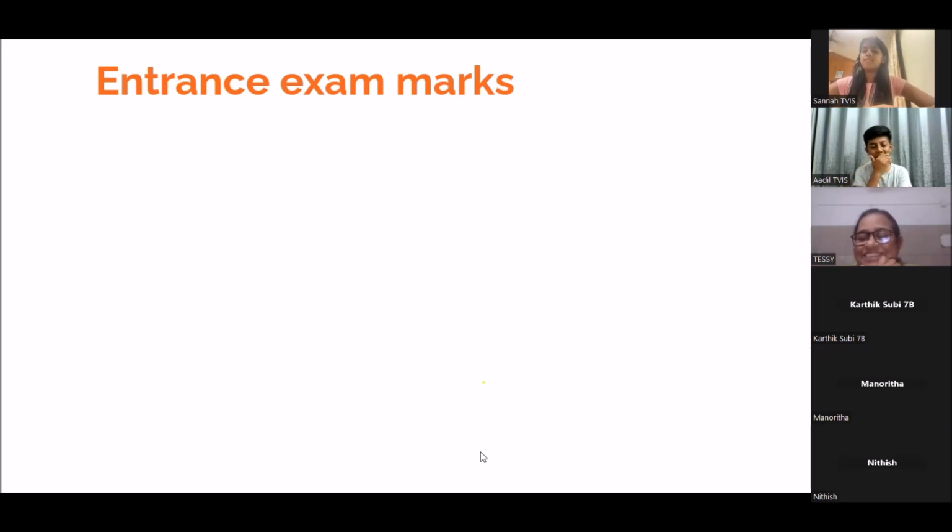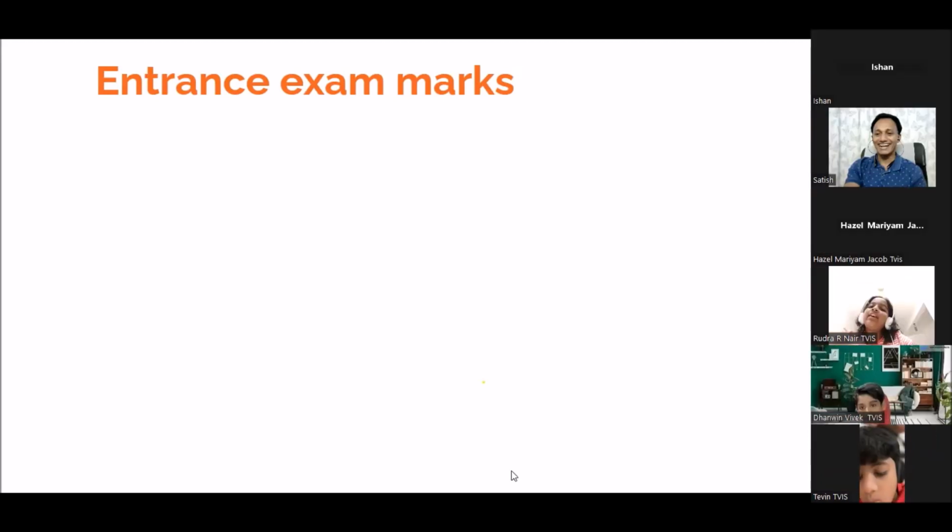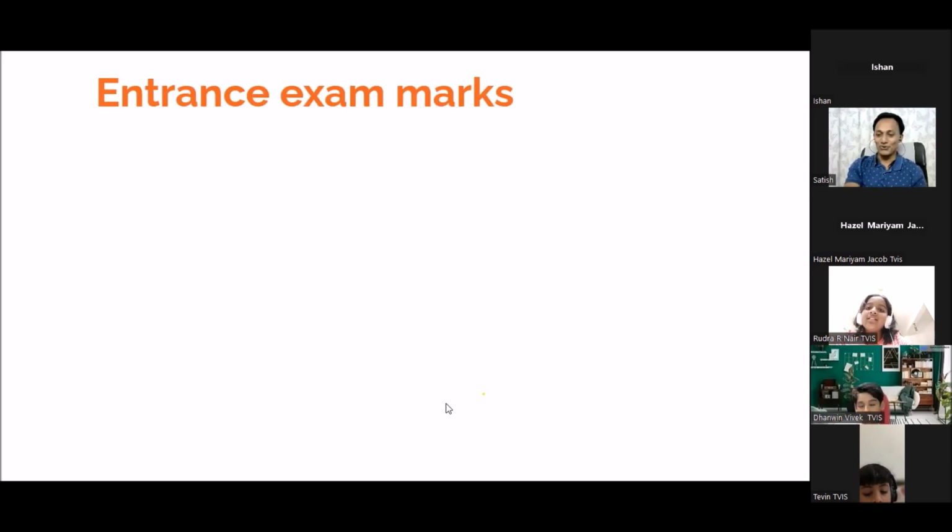Sir, isn't it that when you get one answer correct, you get plus 4 marks, and if you get one answer wrong, it's negative 1 mark? Yes. In the engineering entrance, in many entrances, negative marking means, for example, you get 5 questions right. Let us assume for each question you get 1 mark.